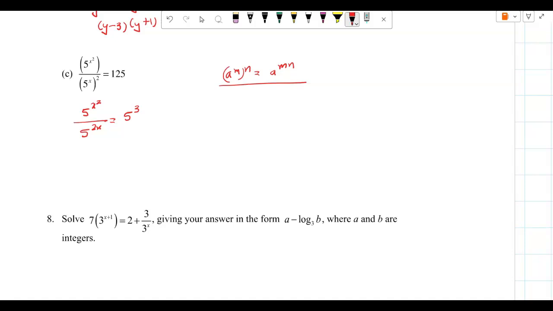Okay, so then 5 raised to x squared minus 2x is equal to 5 cubed. So then x squared minus 2x is equal to 3. x squared minus 2x minus 3 is equal to 0.